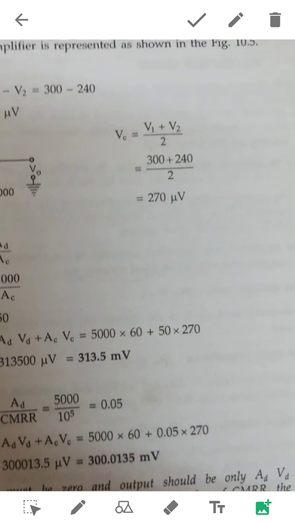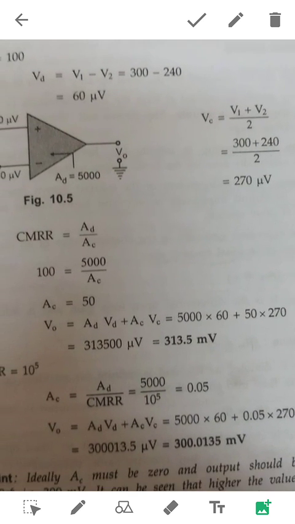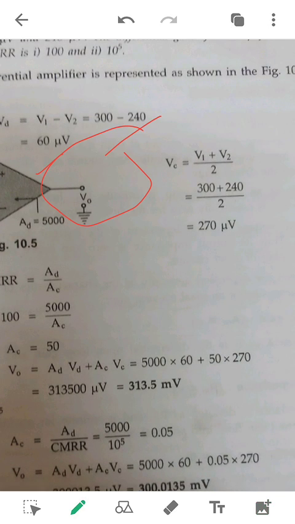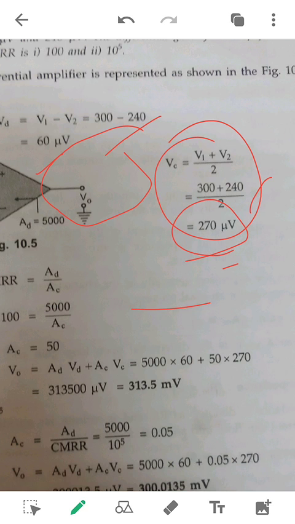As already discussed, VC is the average voltage, V1 plus V2 divided by 2, so 300 plus 240 divided by 2 gives 270 microvolts.